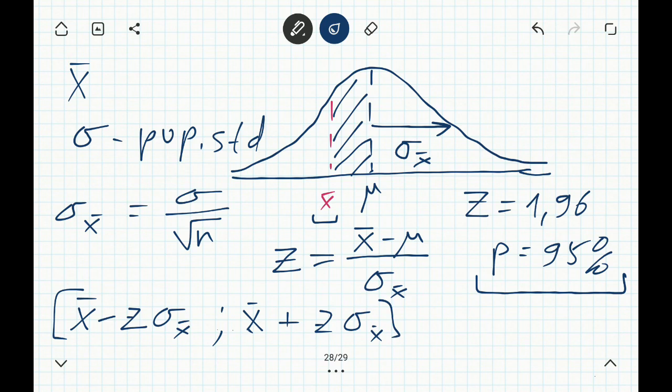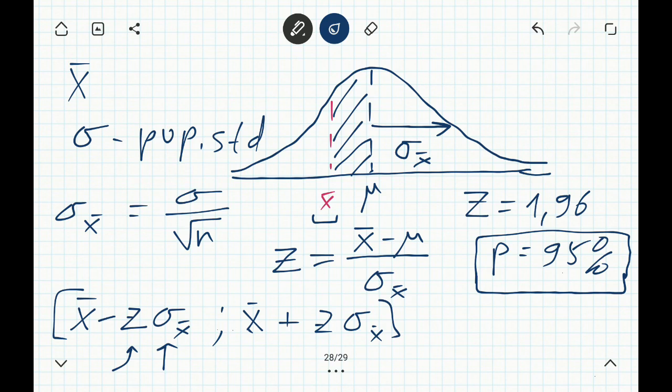So we can calculate our standard deviation for the sampling distribution. We find the value of z from the z table based on the probability that we choose ourselves. We have already calculated our x bar. So we can find those boundaries, and then we can say I am p% sure that the true population mean lies inside those boundaries.